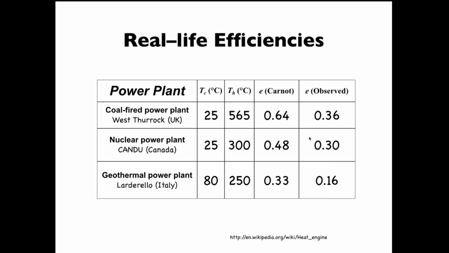Here's a Canadian nuclear power plant. Its Carnot efficiency based on these temperatures is about 48%, observed at 30%. Here's a geothermal power plant. Carnot efficiency is 33% based on the temperature difference, and observed is about 16%. And if you want to check this out, you can find this data on Wikipedia under heat engines.